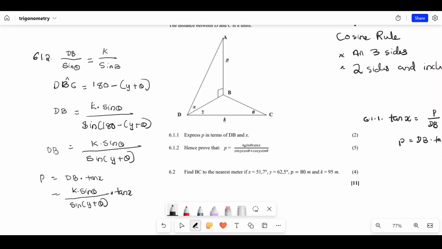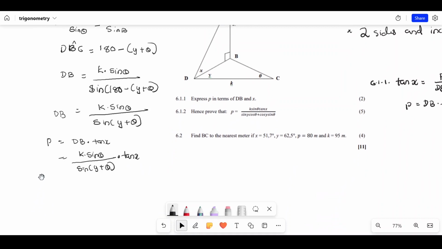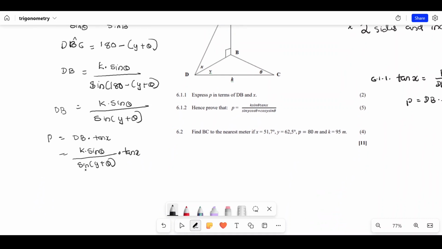But when you look at the answer, there is k sine theta tan x, but the denominator is actually an expansion of the compound angle formula. So that is only what is left now. We can use the compound angle formula to expand the denominator.